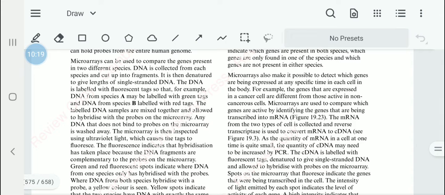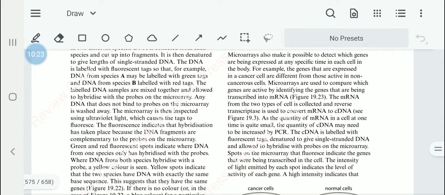The DNA in the samples being checked would be color tagged, and after hybridization, when they are checked, the presence of colors will indicate that that particular gene is present in the sample.